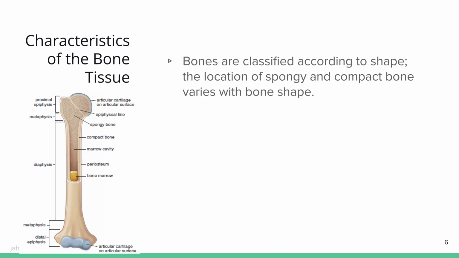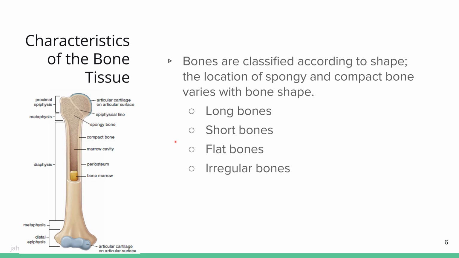In terms of the characteristics of bone tissue, a long bone in schematic representation will look like this. The long bone will have a shaft, also called the diaphysis, here, and two expanded ends here, referred to as the epiphysis.